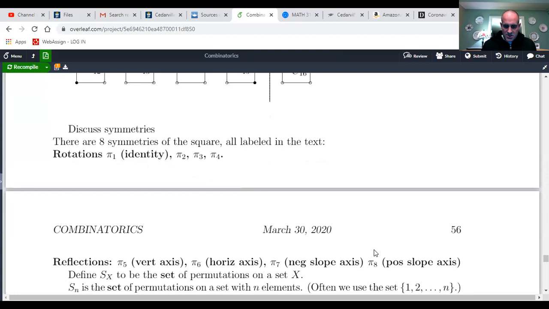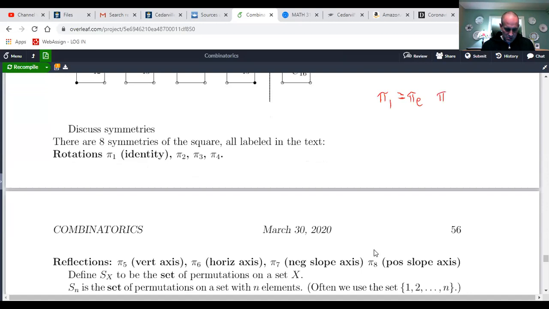So pi1 is just the identity. What about pi2?